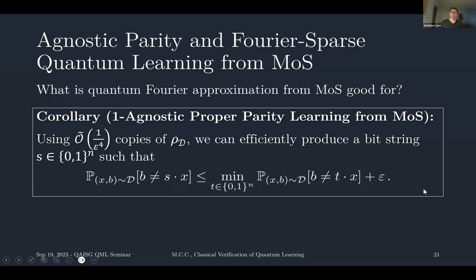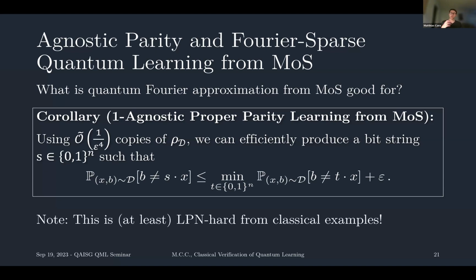So that means what we have achieved is agnostic parity learning, and we've even achieved it with the model class being the same as the benchmark class, namely the n bit parities. And what I want to highlight here is that this task, if you give me classical examples, is pretty hard. In fact, it's believed to be computationally hard because it's at least as hard as a problem called learning parities with noise, which is commonly believed to be hard and even taken as a primitive for some crypto problems.